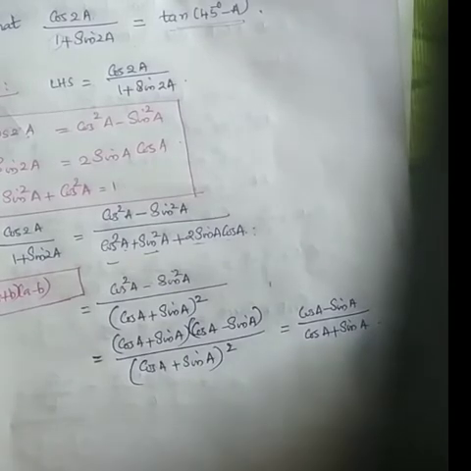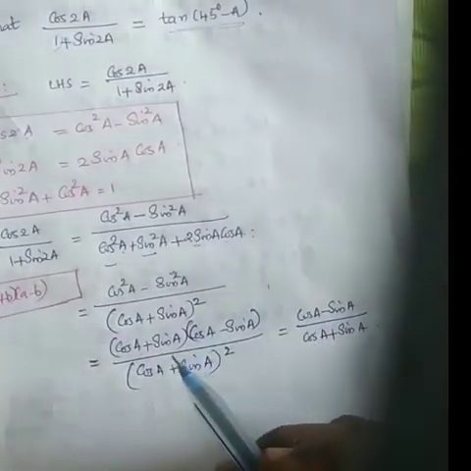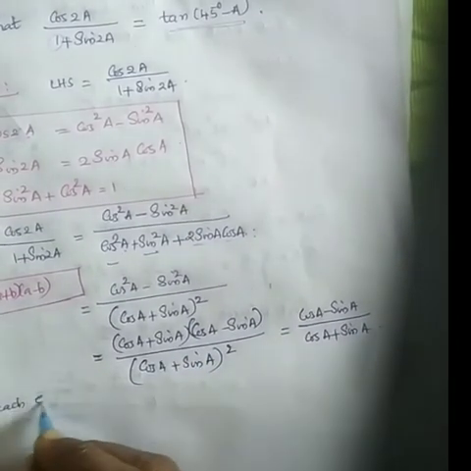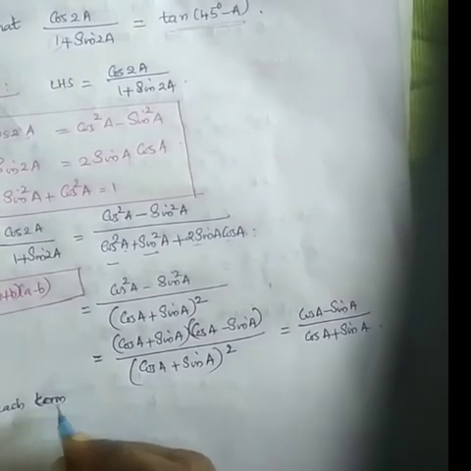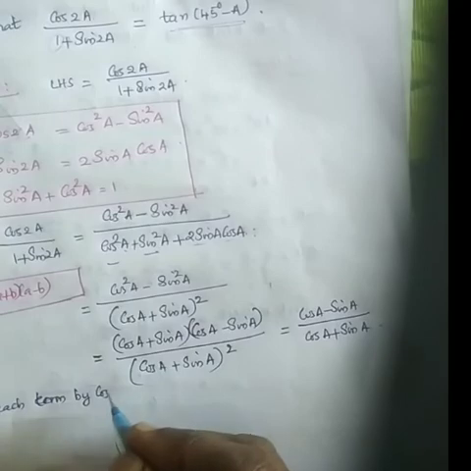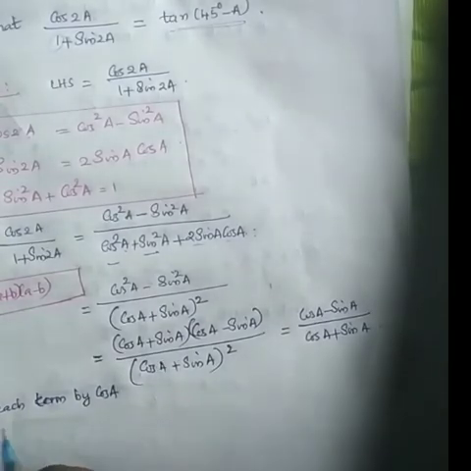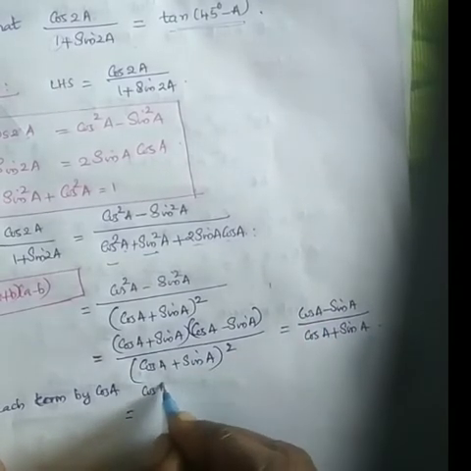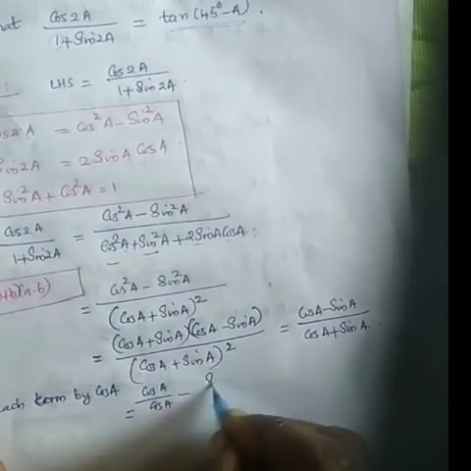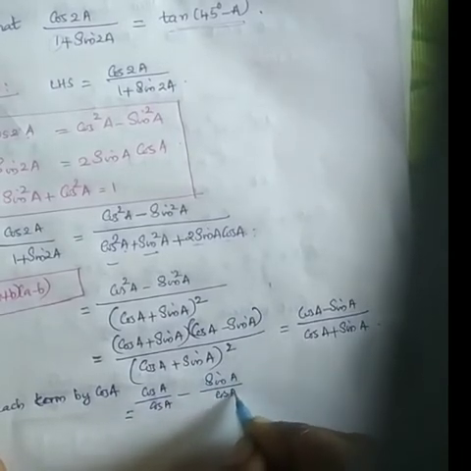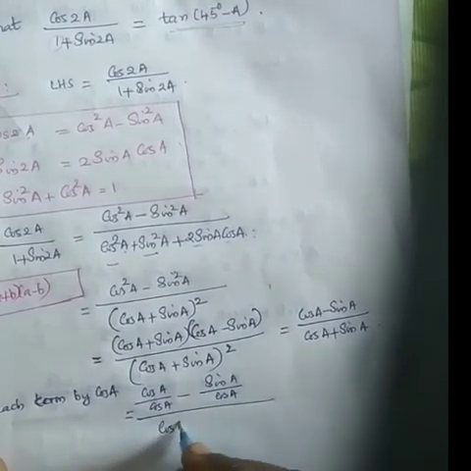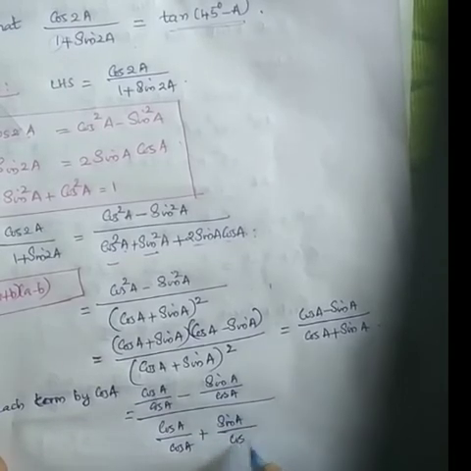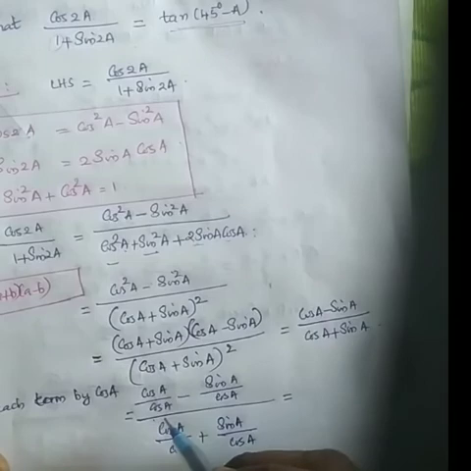Then for getting this answer, divide each term by cos A. Remember this step. Divide each term by cos A. Therefore, this becomes cos A by cos A minus sin A by cos A. Denominator cos A by cos A plus sin A by cos A. See, cos A by cos A is 1.